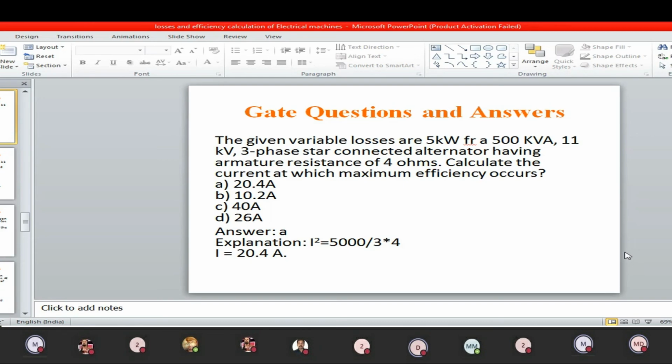Okay students, today we are discussing the different parameters related to the losses and efficiency of the machine. Especially we discussed different parameters and different types of problems under the theory part, for electrical machines like alternators, transformers, DC machines, induction machines.